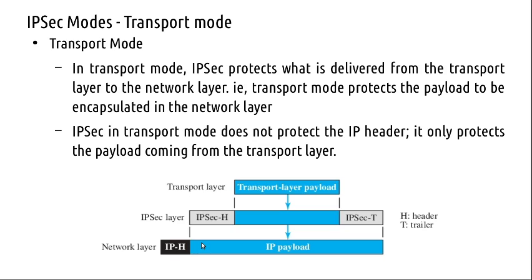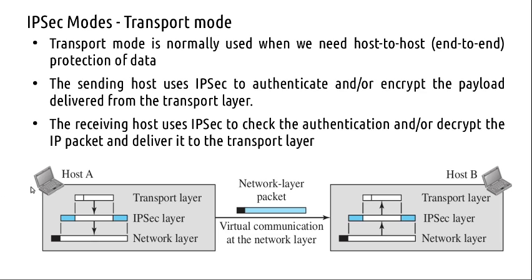This is how it operates. So this is end-to-end protection. The two hosts A and B are there. The transport layer payload is encapsulated within the IPsec header and trailer, and it is passed on to the network layer, where it forms an IP packet, and it is sent over the physical link.